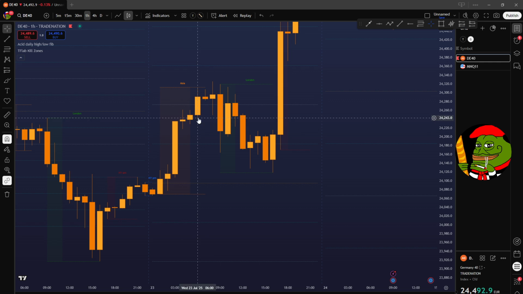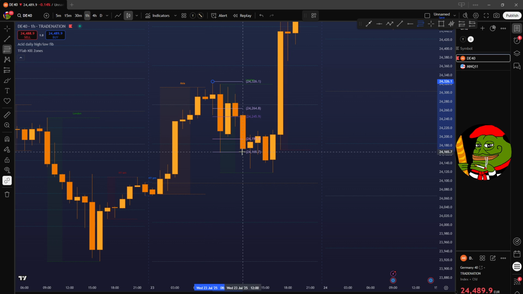I would rather like those lows when we had a nice swing up and then a pullback, and you see we broke this high. But here what happened is that we broke those lows. So those are smaller, lower time frame lows. It's not a 1 hour time frame low, but we have 3 lows that have been broken, plus this low that has been created here. So here, it's easy to think that we might have a retracement.